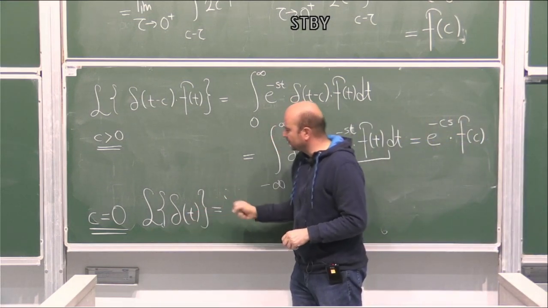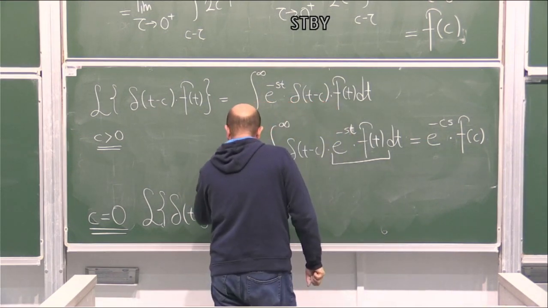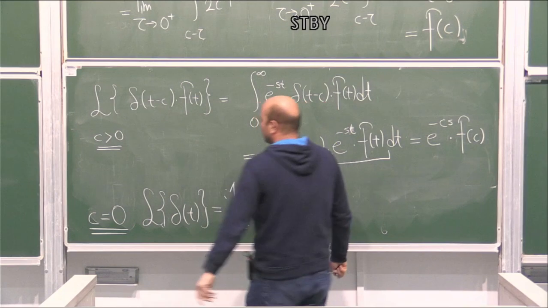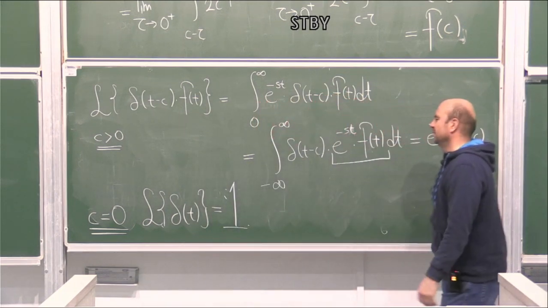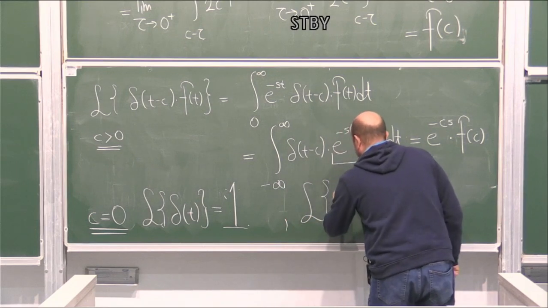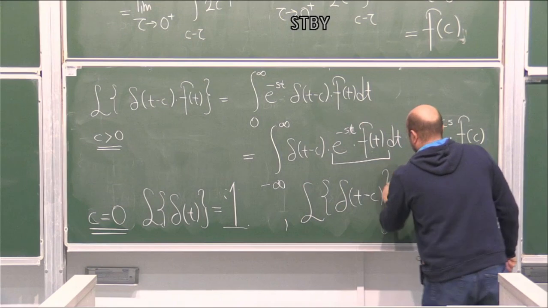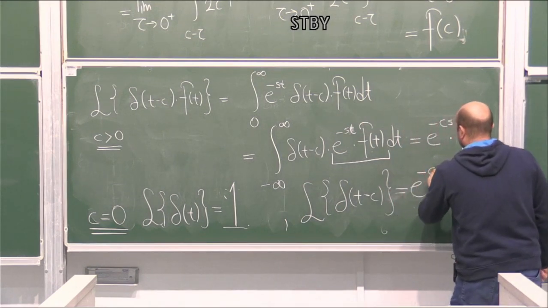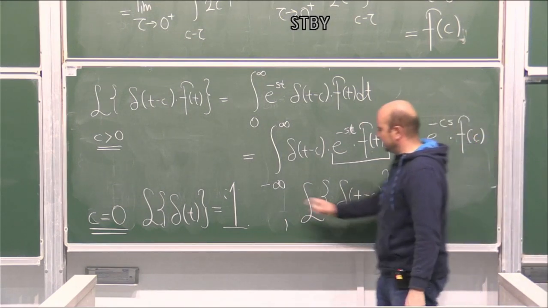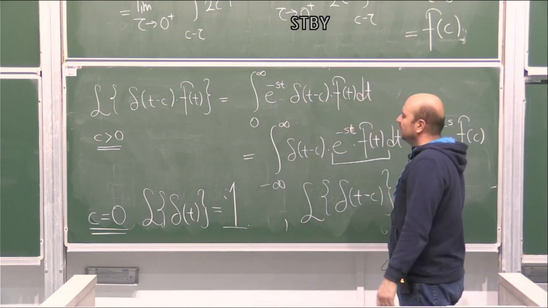Its value at 0 is 1. So you get 1. Right? So the Laplace transform of the delta function at c is e to the minus cs. When c is 0, you get 1. So it's the easiest thing you can get out there under Laplace.